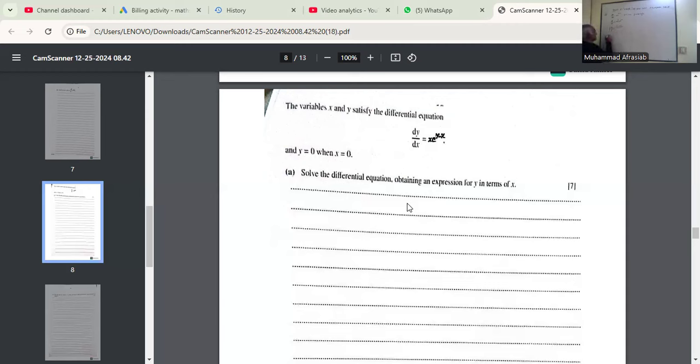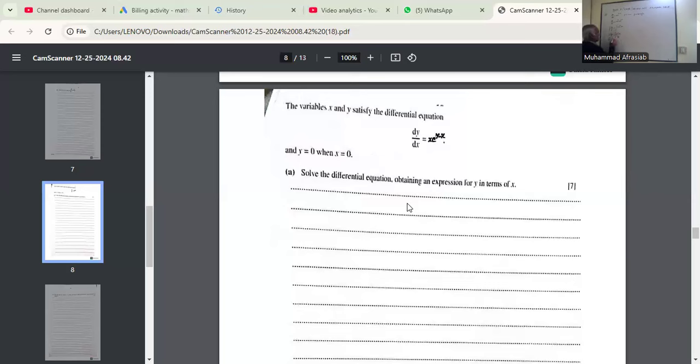Then this will become e power minus y dy is equal to x into e power minus x dx. This will become e power minus y over minus 1 is equal to, again we are using integration by parts. So this is u, this is dv by dx.